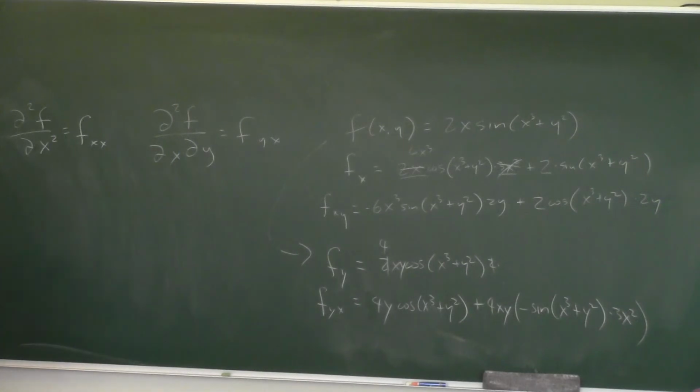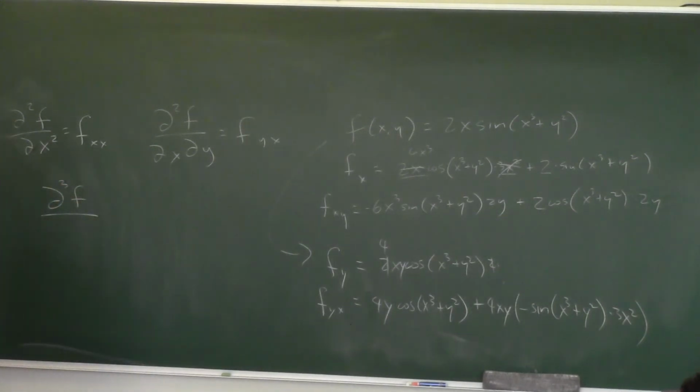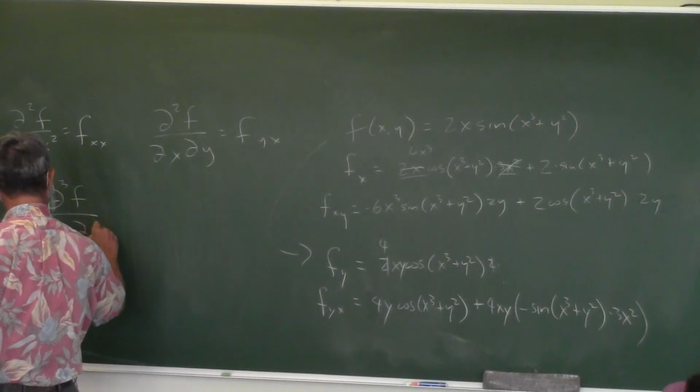And then what happens when you have partial derivatives of higher order? Like, this is the third partial. I better write it on the board. What if you have to take a third partial, del x del y squared?